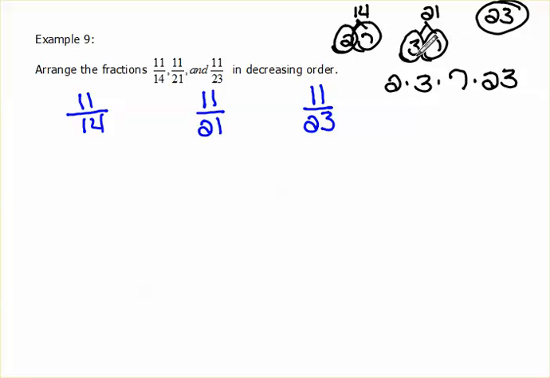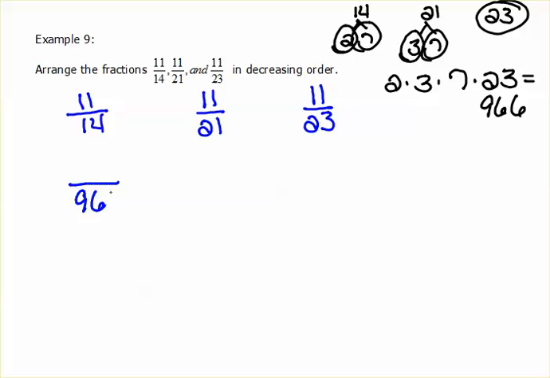Remember, we go back and look at what's the greatest number of times that each number appears in a factorization. Well, in this case, each one only appears once. So our least common denominator, or our least common multiple, would be 2 times 3 times 7 times 23, which would be 966. So finding all the multiples of 23 and figuring out which one went into it might have taken us a long time.